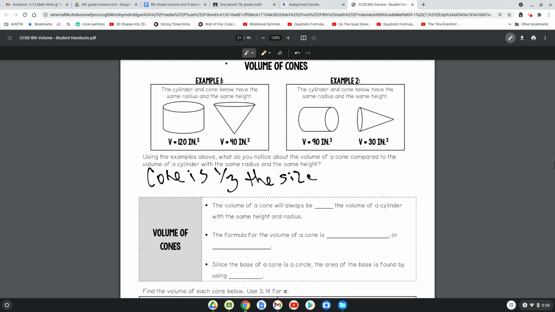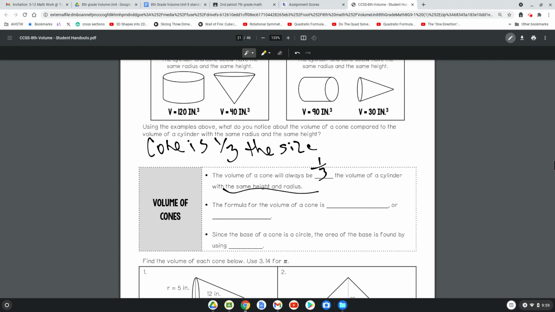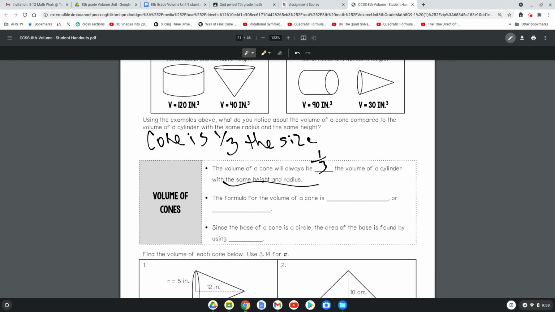So the volume of a cone will always be 1/3 the volume of a cylinder when they have the same height and radius. So the formula for volume is almost the same as a cylinder, except we have to add in that 1/3, so it cuts it in 3, or divides it by 3, I should say.